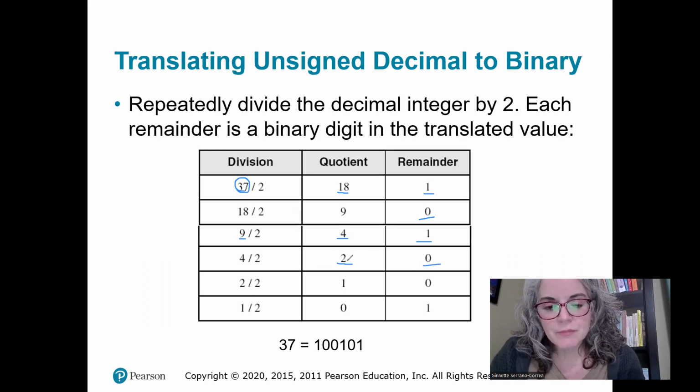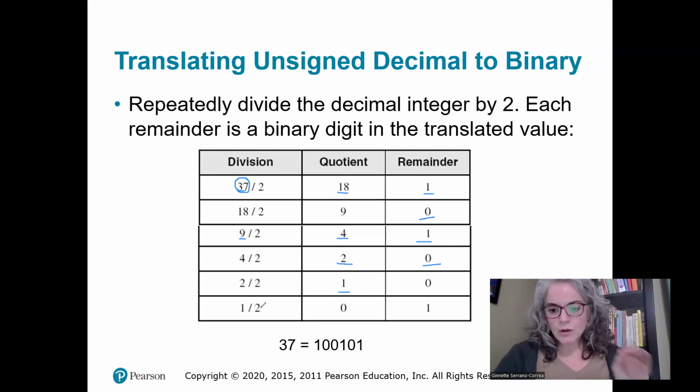Remainder 0. 2 divided by 2 is 1. Remainder 0. Take that 1. 1 divided by 2 is 0, because 2 goes into 1 0 times with a remainder of 1. This here is your binary number, and you're going to write it.